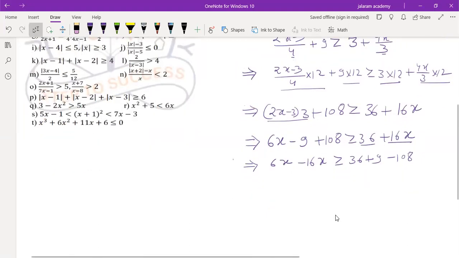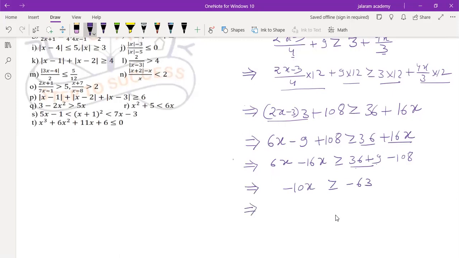So it implies 6x minus 16x, minus 10x, is greater than or equal to 36 plus 9, 45, and 45 minus 108, minus 63. Okay. Now if we remove this minus sign, what happens?